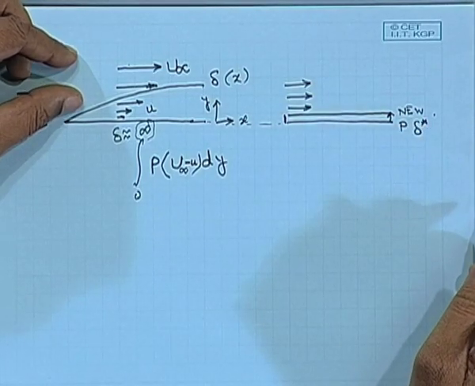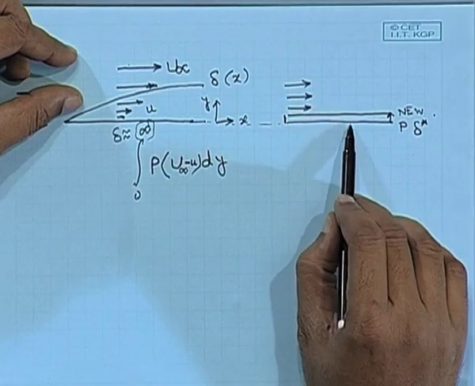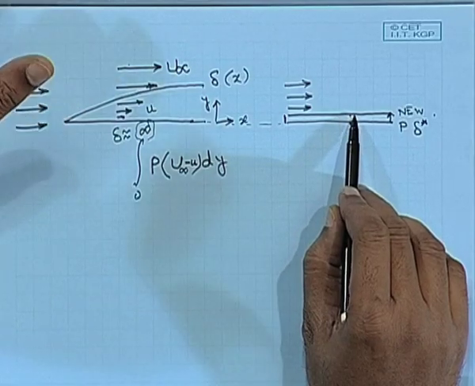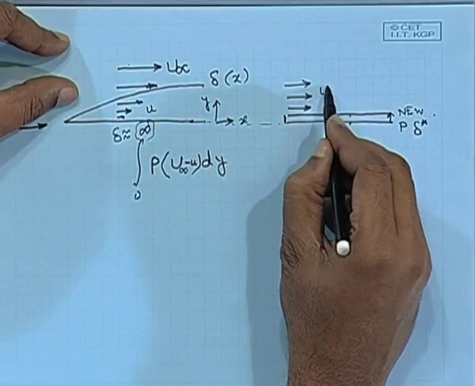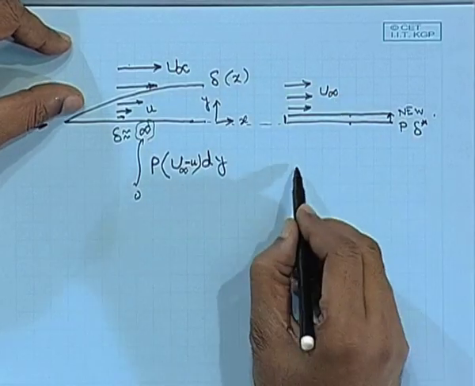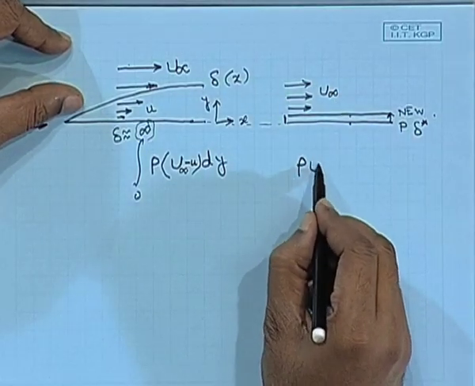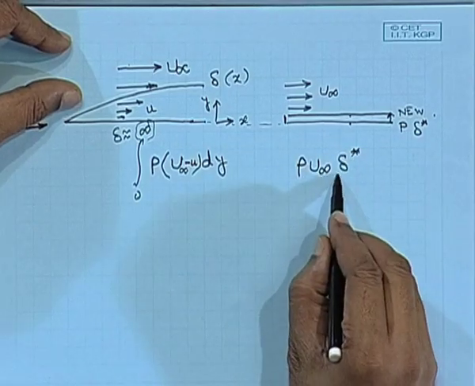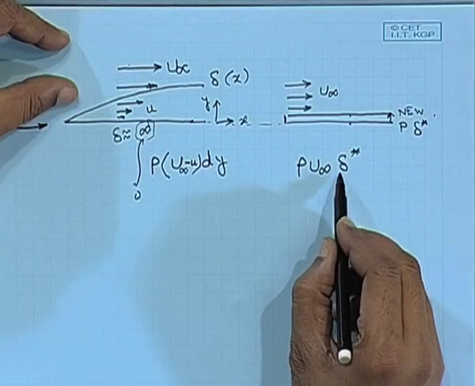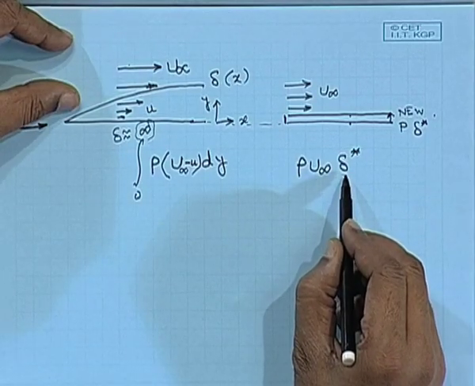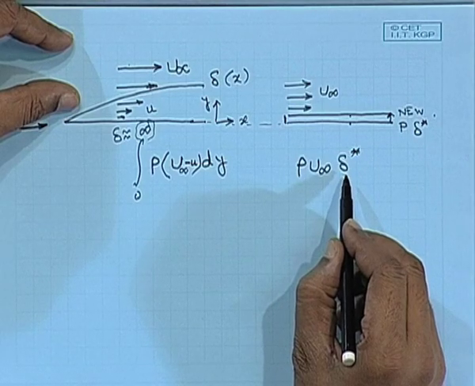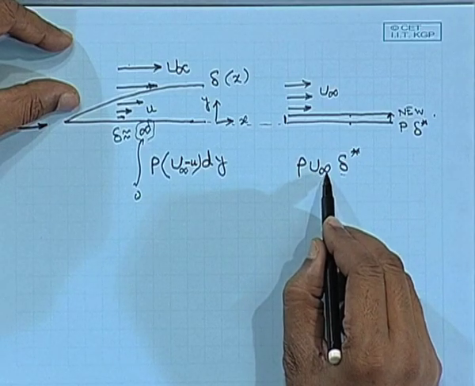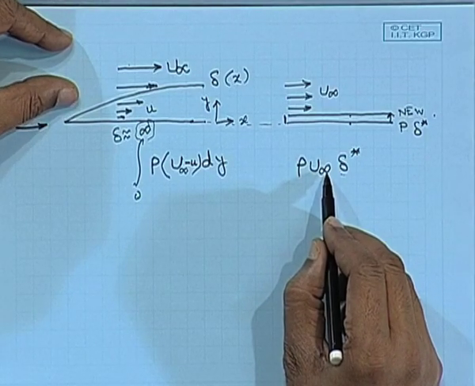Now, what is the reduction in mass flow rate in an inviscid flow because you have moved it up by a distance delta star? Keep in mind that the velocity everywhere now is U infinity. So, the reduction in mass flow rate would simply be equal to rho U infinity delta star, because this much area, per unit depth, is unavailable for the fluid flow, and had this been available, the fluid would move with a velocity equal to U infinity, since it is inviscid flow.